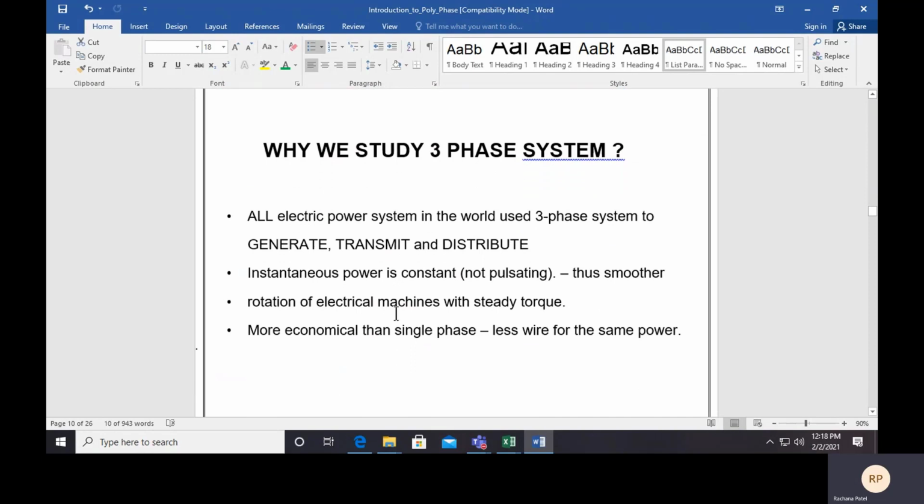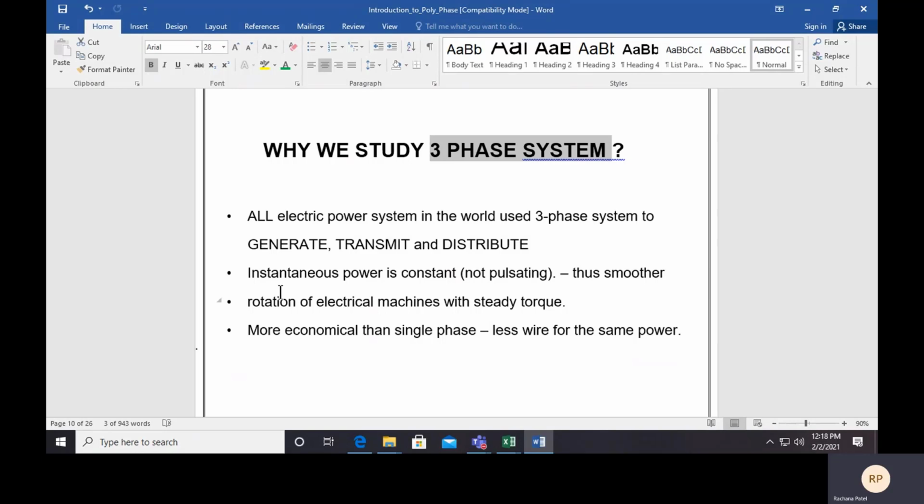Now, why are we talking about all these important things? Why is the three-phase system important? The reason is very simple. The three-phase system works all around the world in generation, transmission and distribution, which is the main application for three phase.